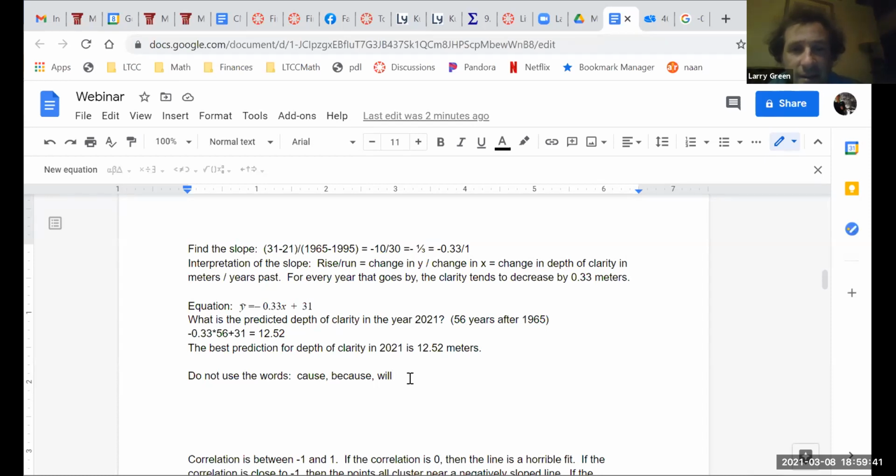Based on data, looking at how long people live versus how many cigarettes they smoked in their lives, you end up with a negatively sloped line: more cigarettes, less lifespan.